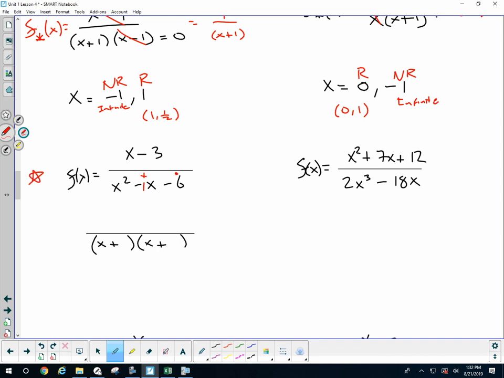What are the two numbers that add to get -1 and multiply to get -6? Good. What's the location? Plug in 3.